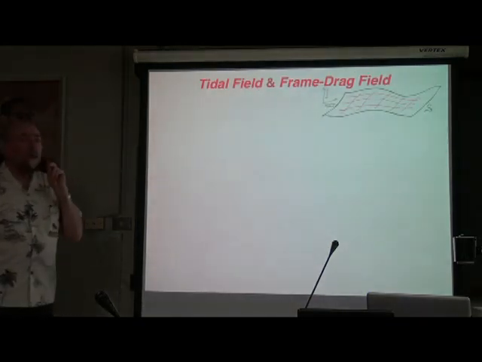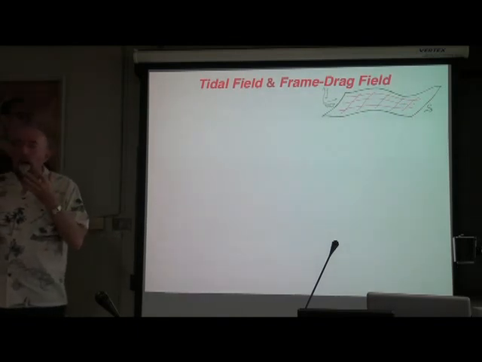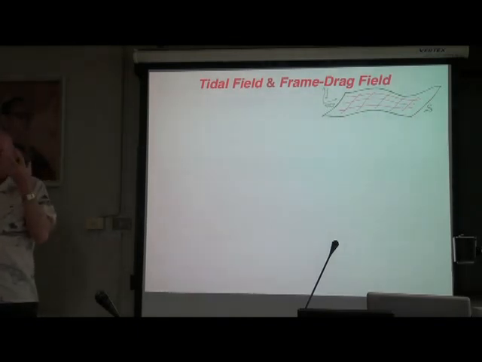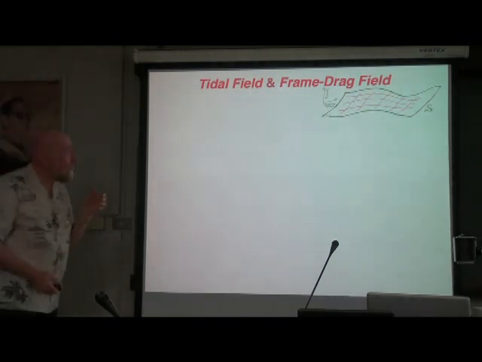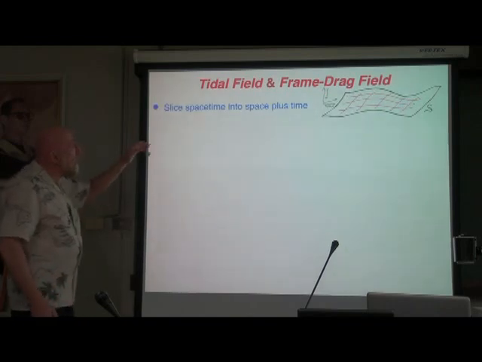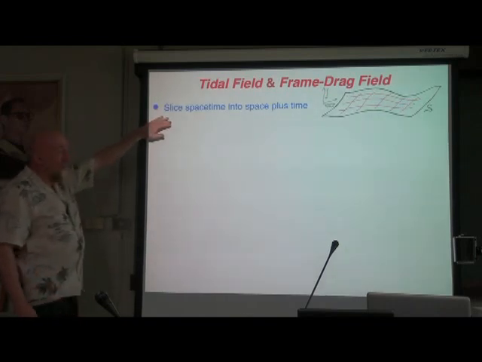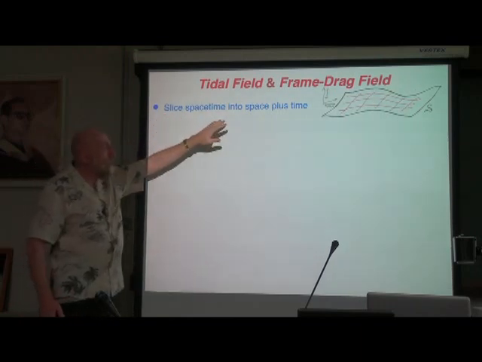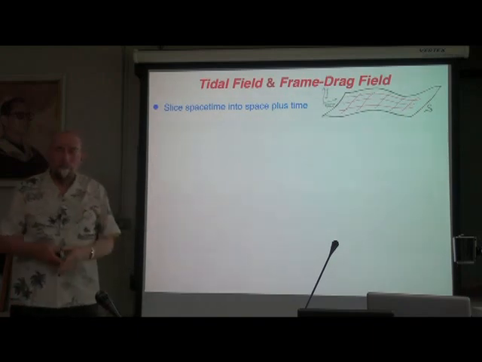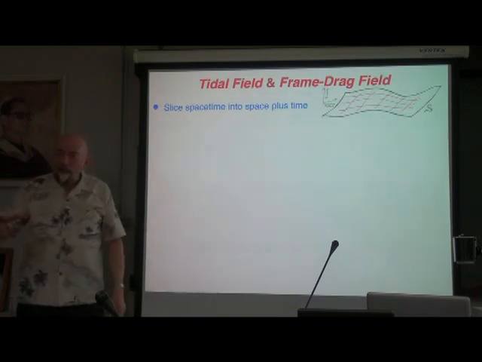So what I want to do is describe our new way to visualize the space-time curvature in a black hole collision. Let me begin by reminding you what happens in electromagnetic theory. When we slice space-time into space plus time, for example, in flat space, you choose an inertial reference frame.